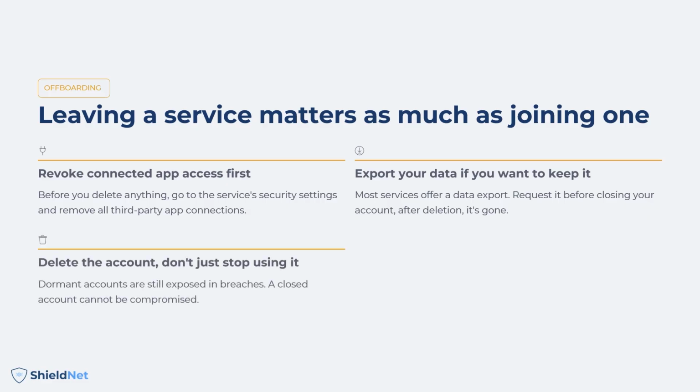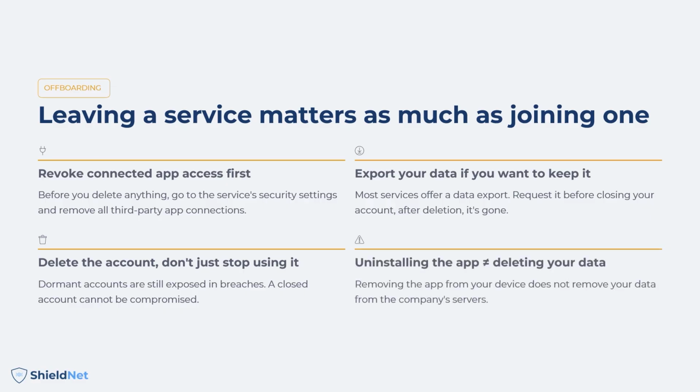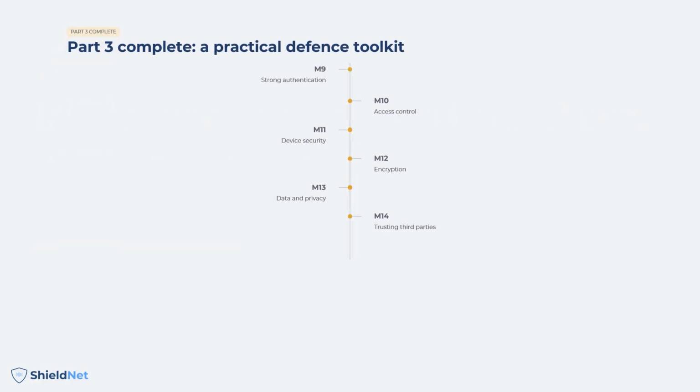Third, delete the account, not just deactivate it. Most services provide a delete account option in settings. Deletion removes your data. Deactivation typically does not. Fourth, uninstall the app from your device separately. Uninstalling the app does not delete your account or data on the service's servers. They are separate steps.